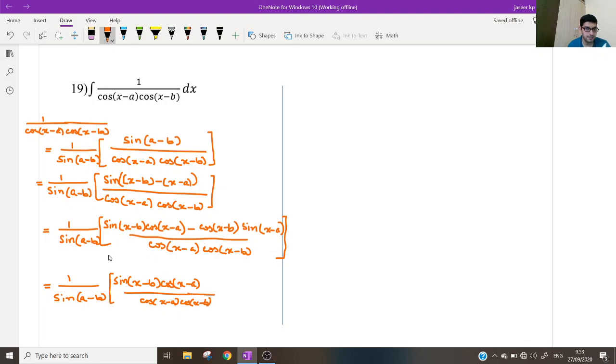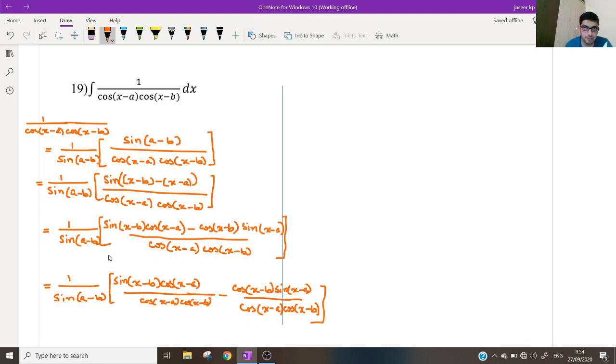So here cos x minus a will get cancelled. Then cos x minus b sin x minus a divided by cos x minus a cos x minus b. So from the second term, cos and cos will get cancelled.